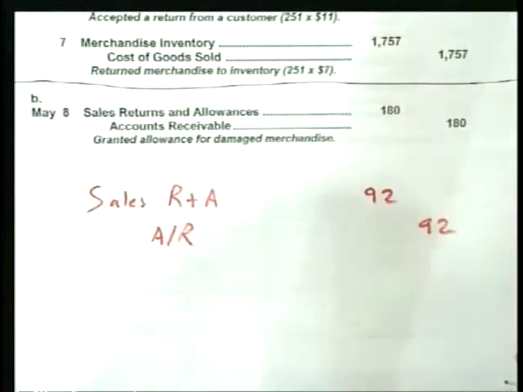Yeah, and I'll show you that in a second if you did it all in one entry. So that is in regards to the items that we just sent a credit memo in regards to. Now let's do the other part.